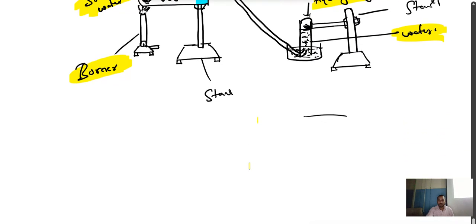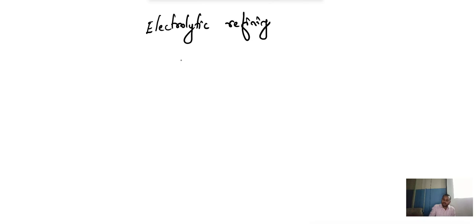Next diagram, let me focus. That is electrolytic refining of copper. Electrolytic refining of copper. This is one of the easiest diagrams.